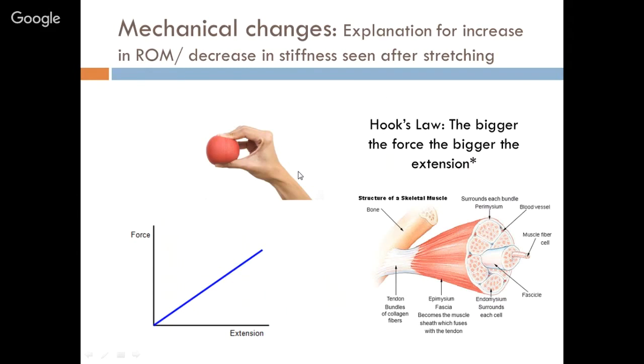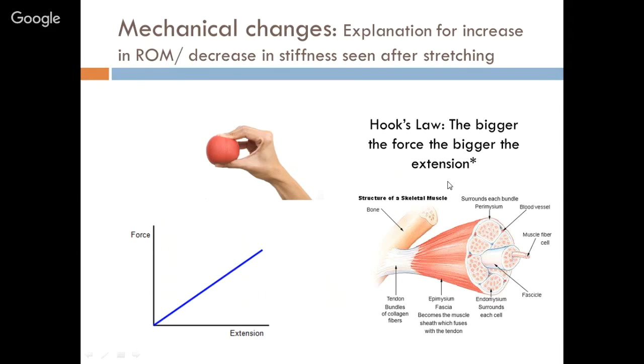The mechanical property explains why it comes back, because we are stretching a deformable material, and whenever the force is removed, it comes back to its original position. Also understand that the amount of stiffness reduced, that is the length that is regained, depends upon the force that is applied.